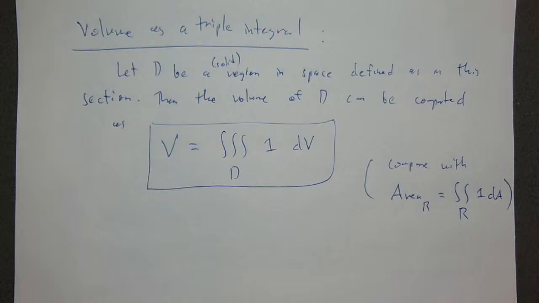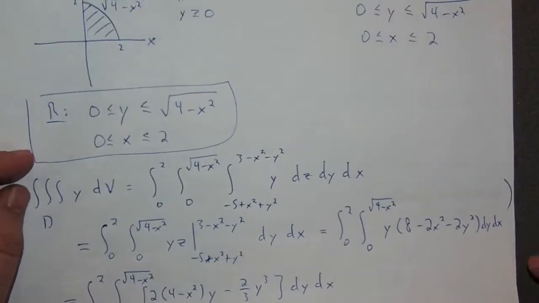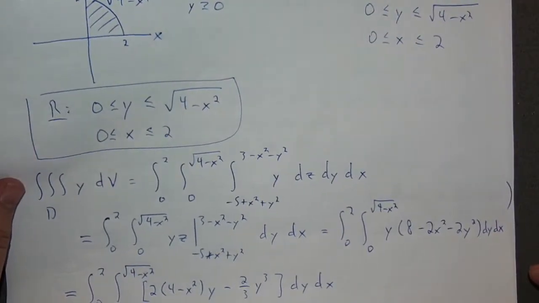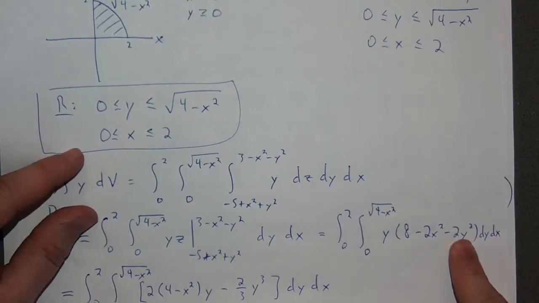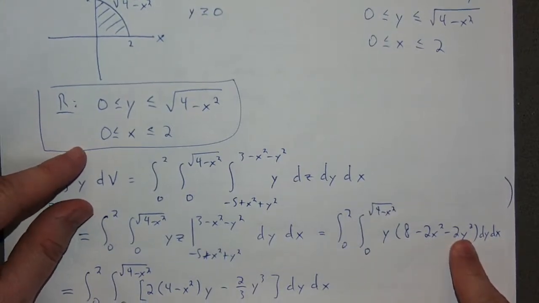Okay. Question: when I rewrote the equation, where did the 2/3 in front of the y cubed come from? Well, let me go back here. Oh, it's when I did the integral here.